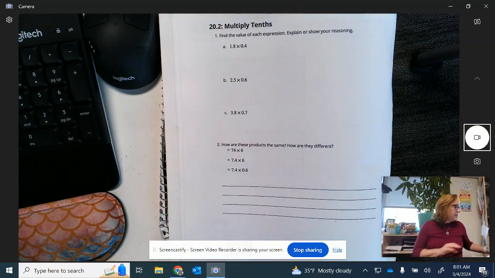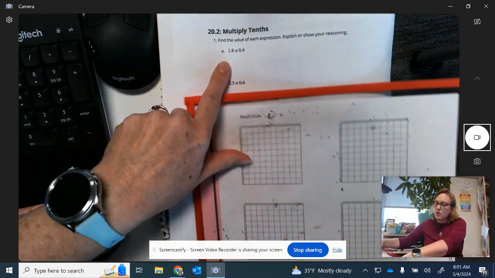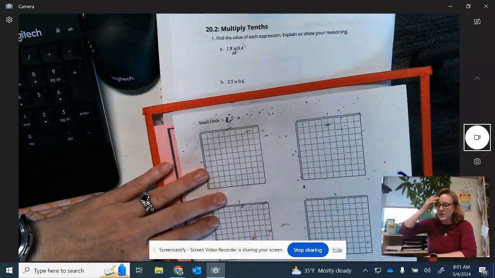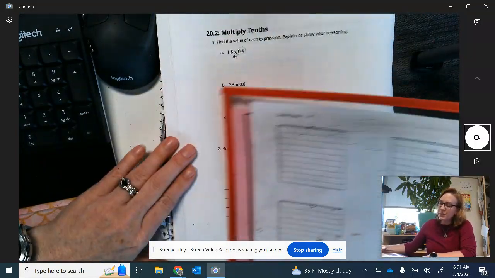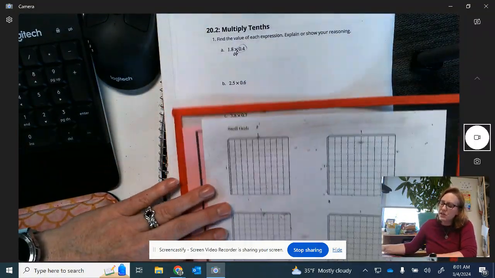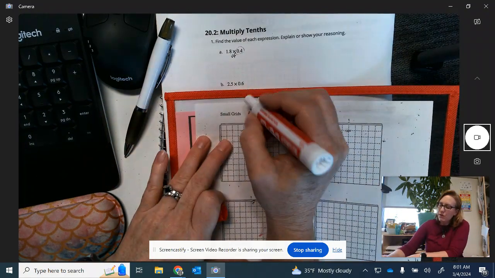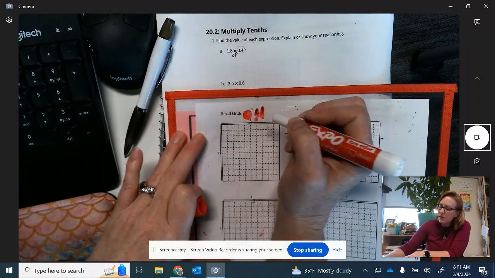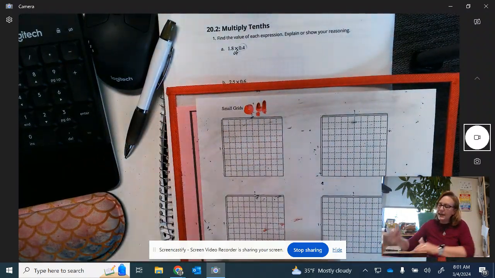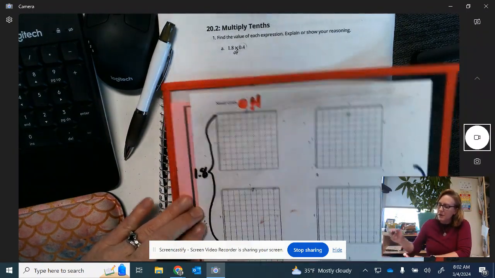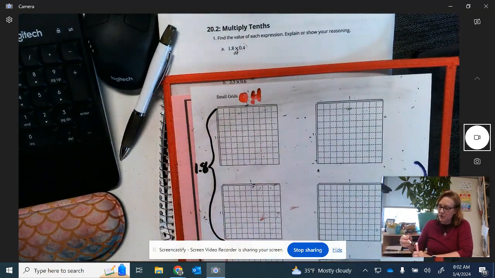Okay, so what this might look like, 1 8/10 of 4/10. So we're going to use that same strategy. I'm going to do 4/10 in this direction, and I'm going to do 1 8/10 in this direction. And with that, I'm going to have to actually employ both of these because this is 1 and I need 8/10 more.